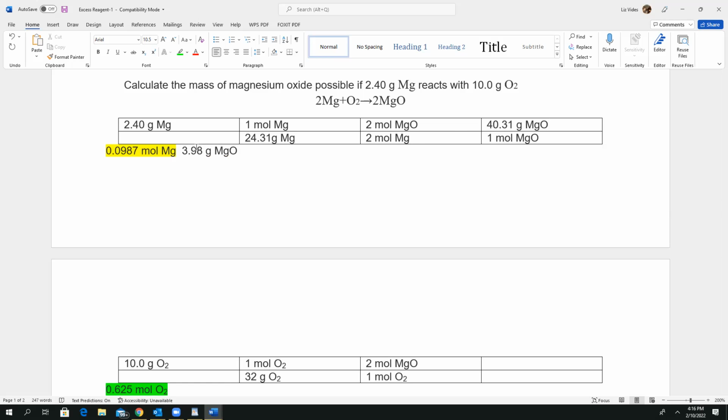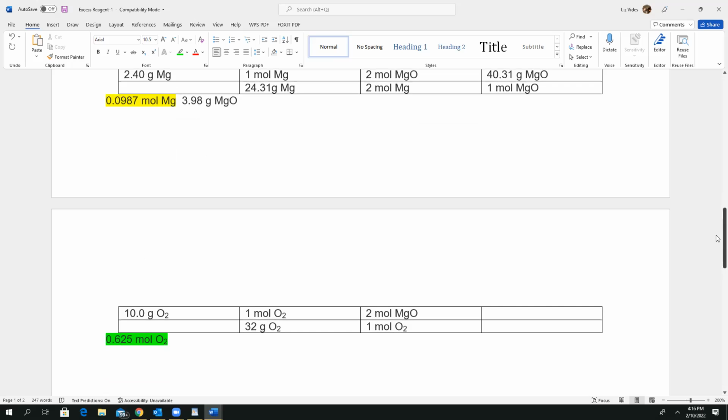Okay, now, in order to figure out the excess, we have to do one more of these. And for that one, so this is the limiting, right? This is the limiting, and this is how much product we're going to make from this reaction, as is, right?